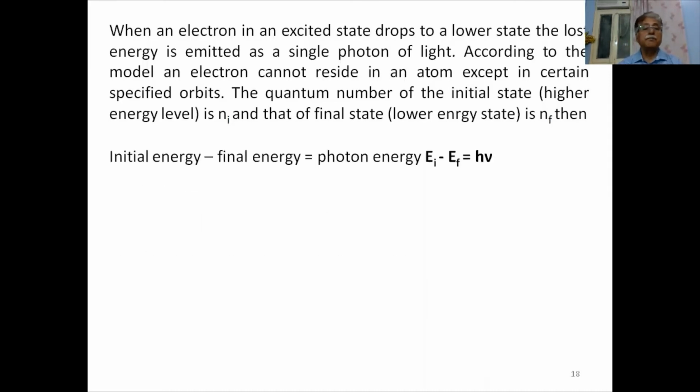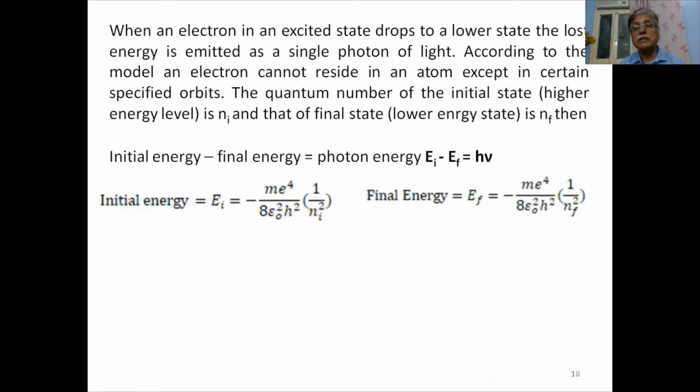Then we can say initial energy minus final energy is equal to photon energy, that is, Ei minus Ef is equal to h nu. Initial energy Ei is equal to minus me^4 by 8 epsilon 0 square h square times 1 by ni square. Similarly, final energy Ef is equal to minus me^4 by 8 epsilon 0 square h square times 1 by nf square.